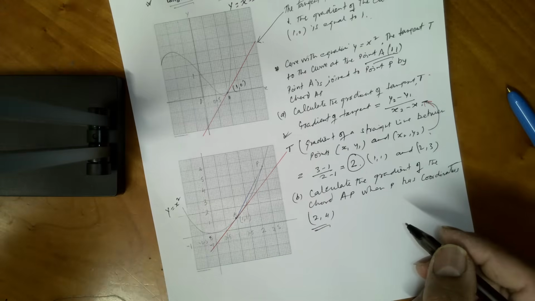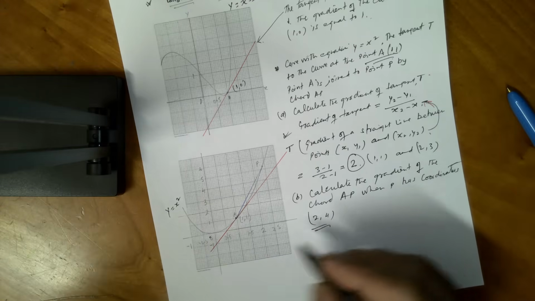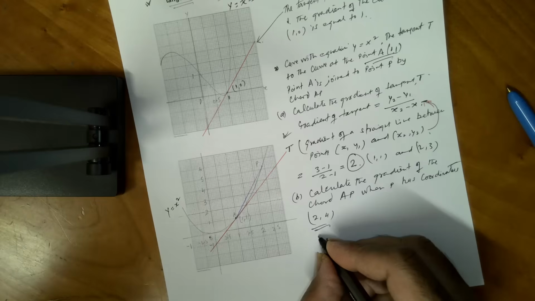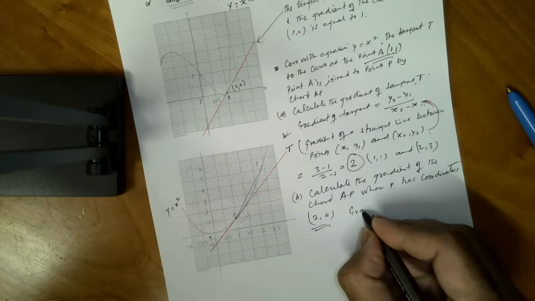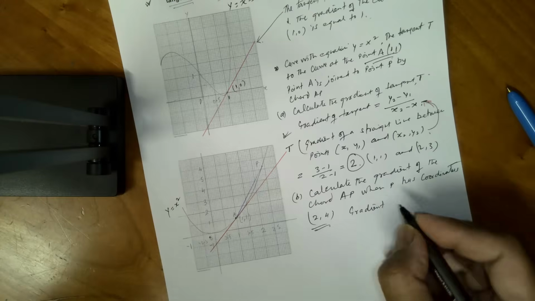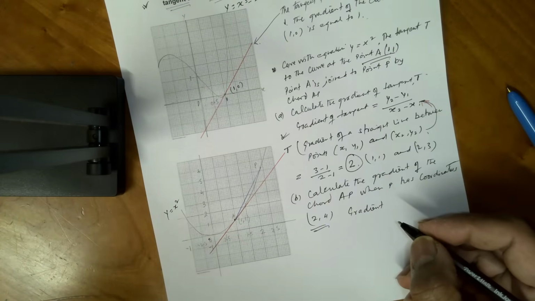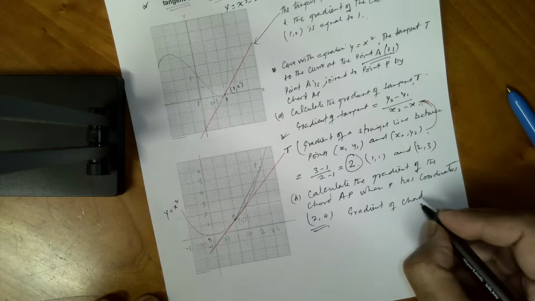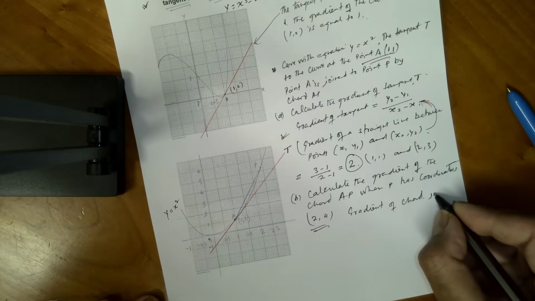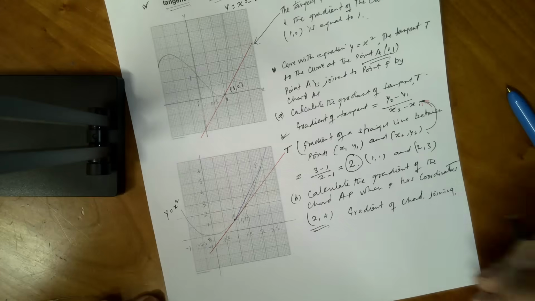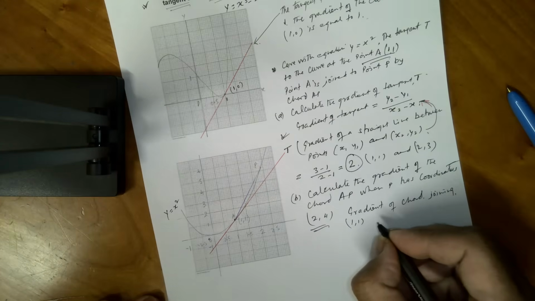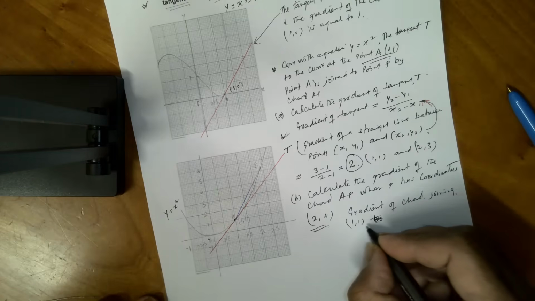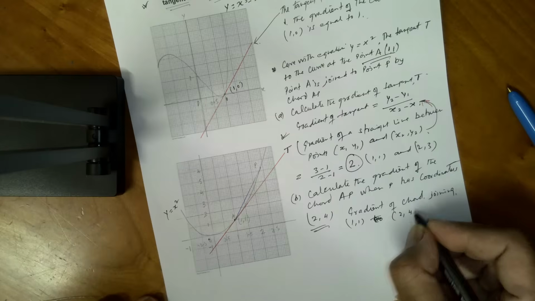Right. So the gradient of the chord joining, I write down here for you what that would have been: gradient of chord joining 1 and 1, and coordinate 2, 4.